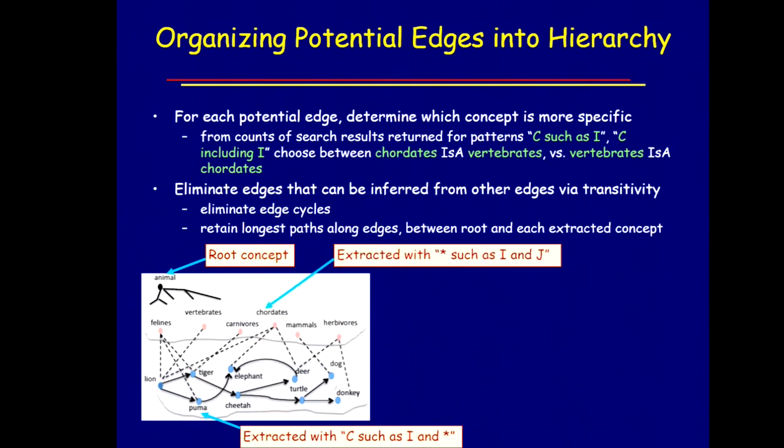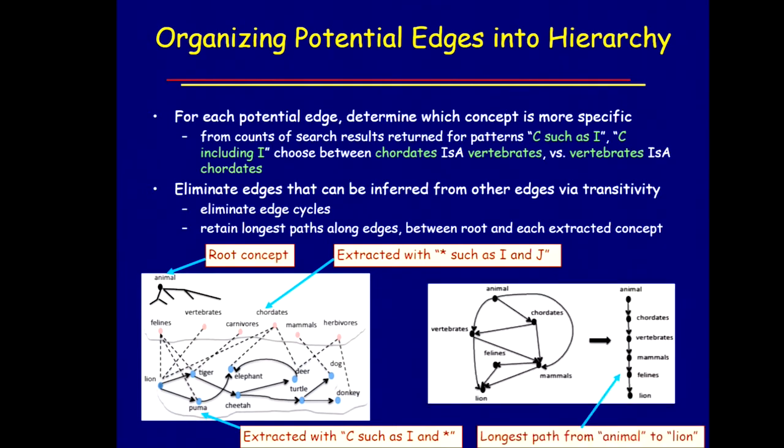And yeah, like I said, Puma in this case could have been extracted with that particular pattern, and then chordates would have been extracted with that particular pattern. They must have, because, like I said, at the top you have hypernyms. So the wildcard must be in the hypernym place at the top. And at the bottom, like Puma, that's a hyponym. So the wildcard must be in the hyponym place in the pattern.